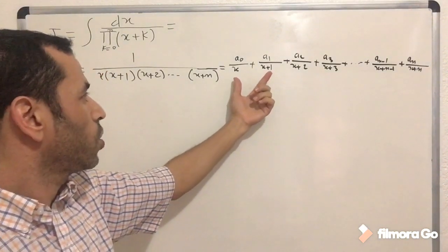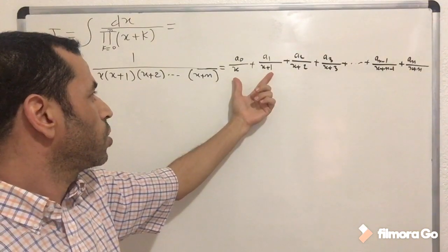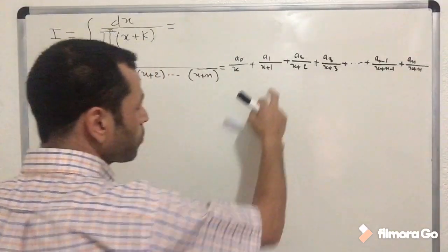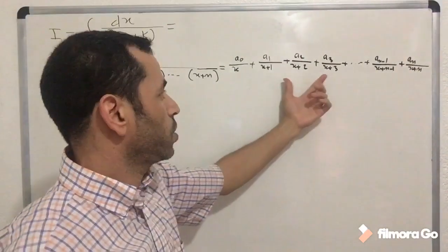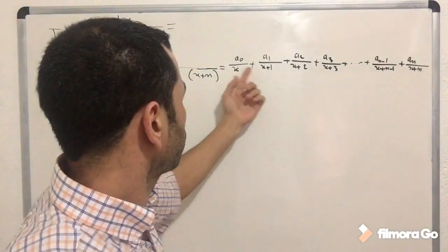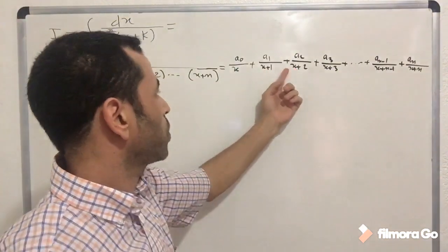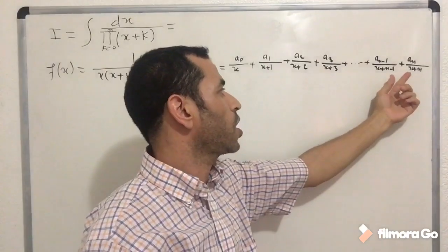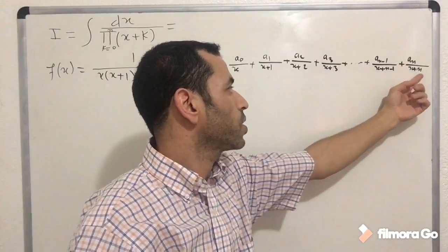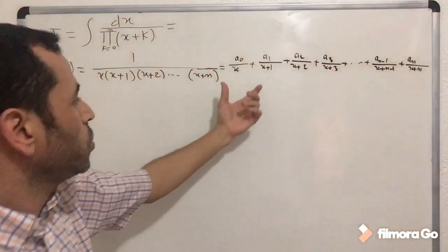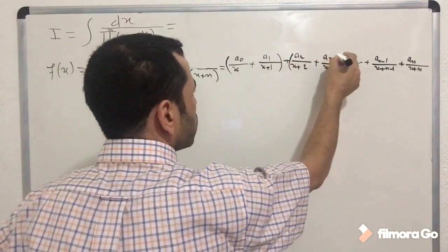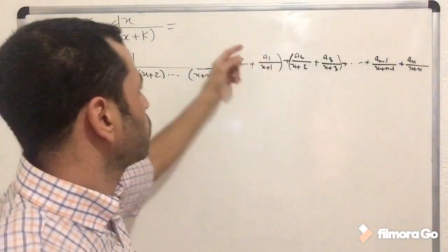If you take a look at the denominator, you see the numbers going up gradually, like a harmonic series: from x to x plus 1, from x plus 1 to x plus 2, from x plus 2 to x plus 3, and so on until the last term x plus n. So this one is easier to evaluate, to find these numbers a0 and a1.